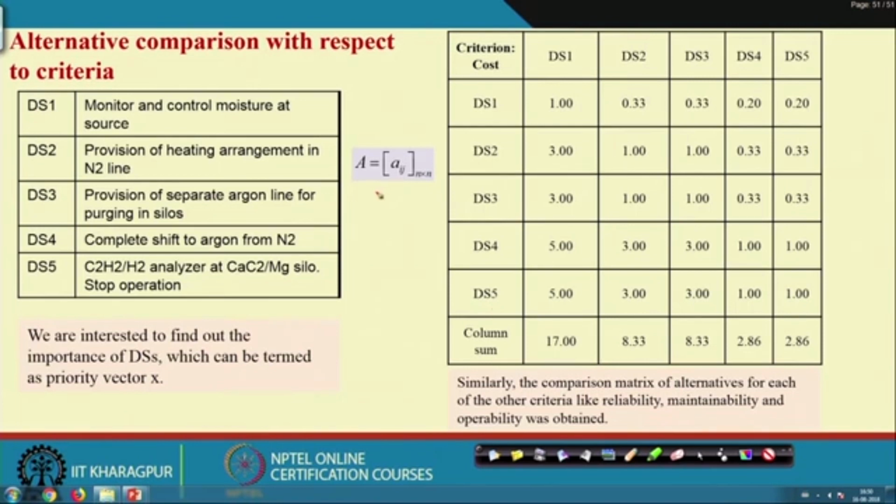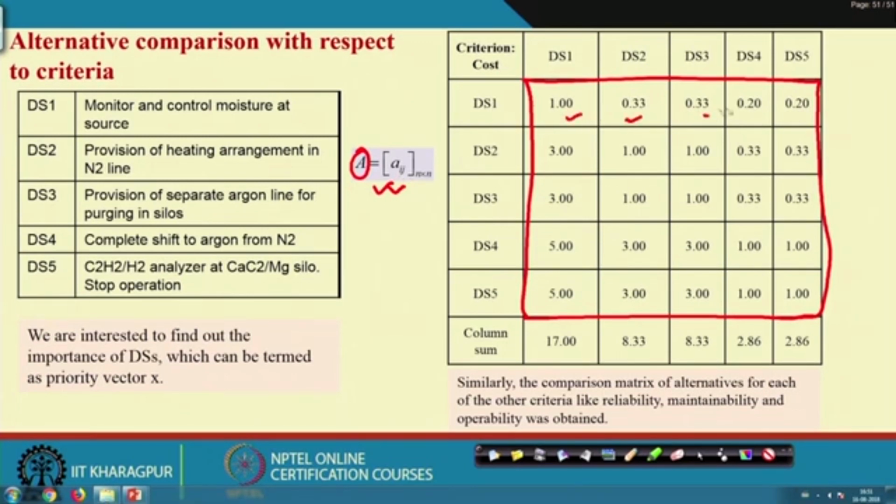So, here we have used this notation A, which is nothing but the comparison matrix. So, this is our A, with respect to the 5 alternatives compared in terms of cost. So, what is Aij?